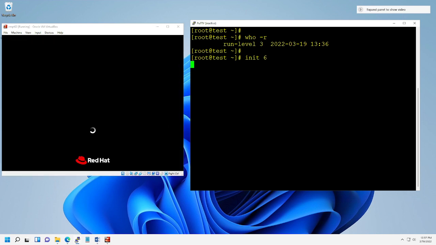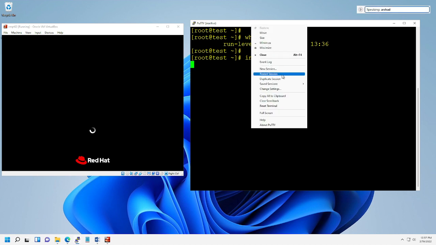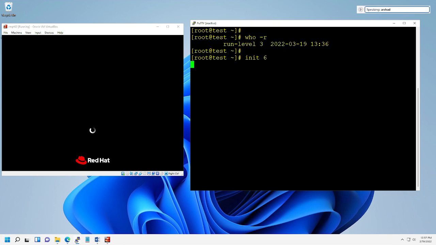When you do run level 6, all the network connections are lost, which means you don't have any connectivity with other servers or other systems. The system is rebooting. That means it's disconnecting everything, and it's in its own world, restarting on its own terms.